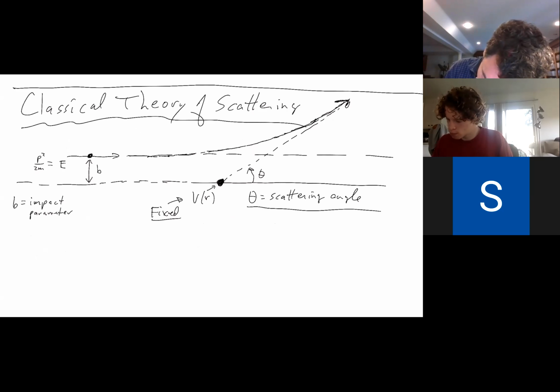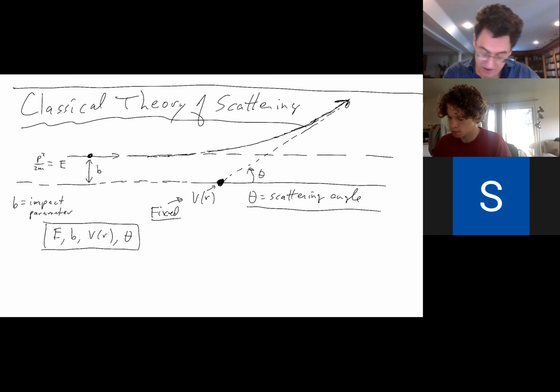And so that basically defines the classical theory of scattering. That's it. You have E, you have B, you have V of R, and you have theta. And so the classical theory of scattering is just to basically figure out the relationships between all those quantities classically using F equals ma. That's scattering in a nutshell. That's classical scattering.